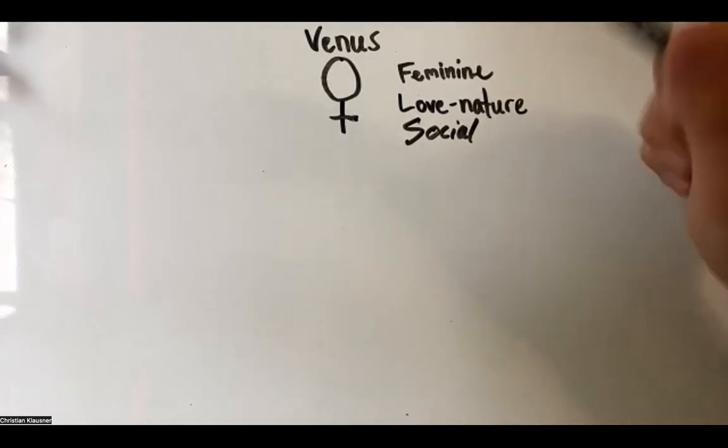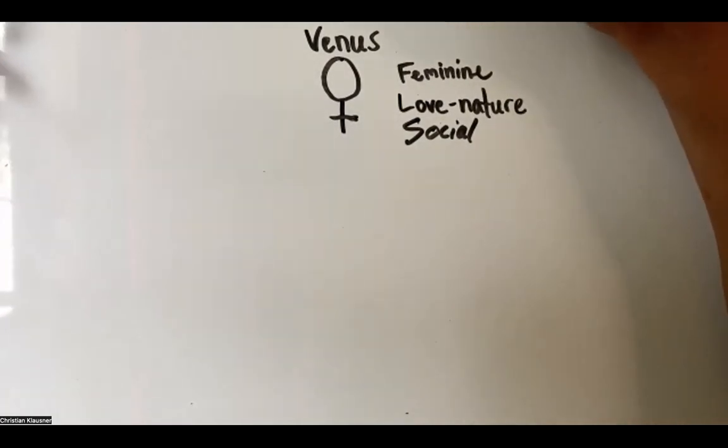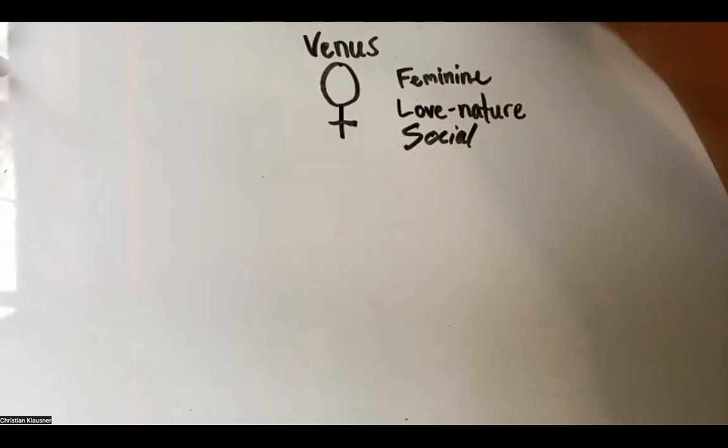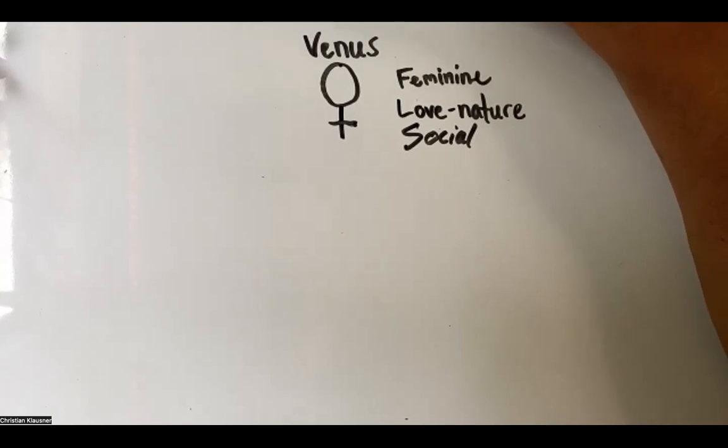So what this is about is understanding how to tune in to others. Okay, so we're using our Venus right now. I'm using my Venus in the way that I'm choosing the tone of voice and the way that I'm choosing to relate this material to you. So Venus is the part of you and the part of me that is sensitive to social dynamics.